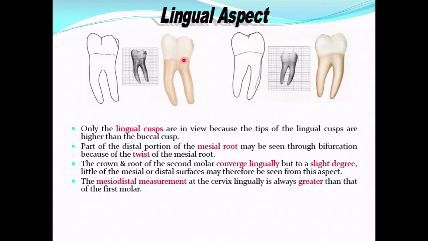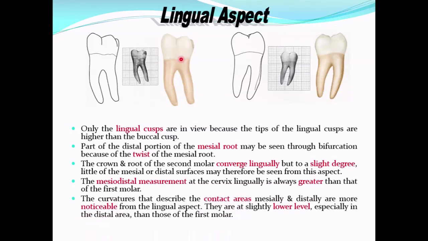The medial-distal measurement at the cervix, which represents the neck of the tooth, is less here than here. So the medial-distal measurement at the cervix of the mandibular second molar is less than that of the mandibular first molar.